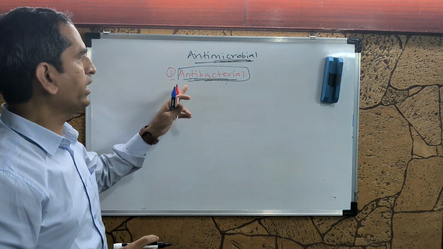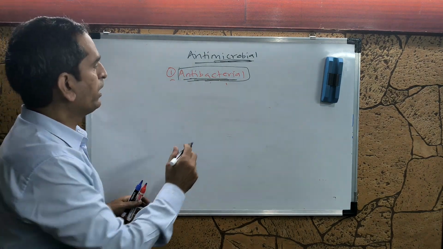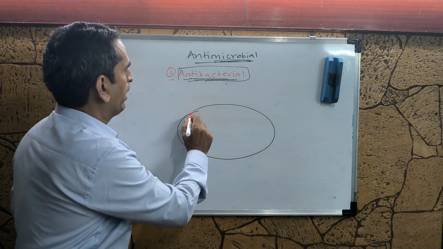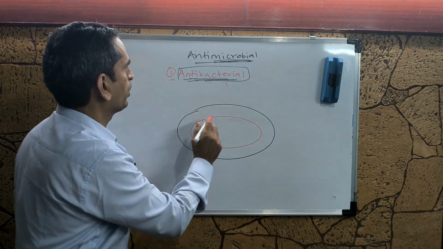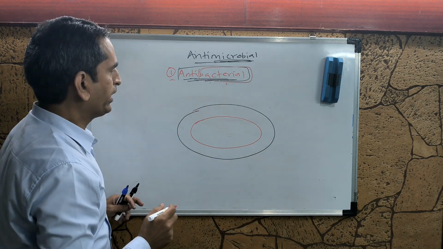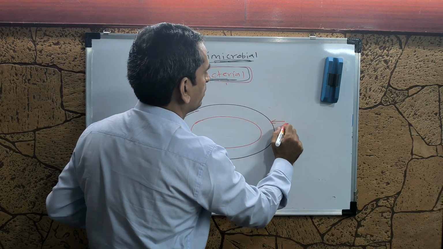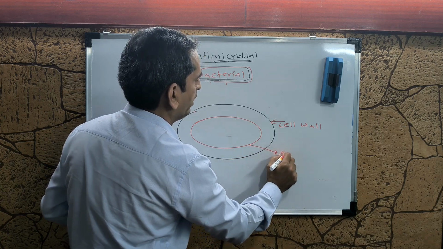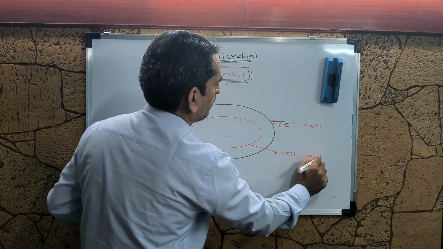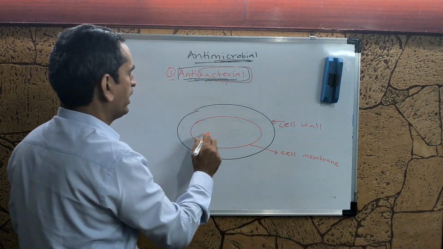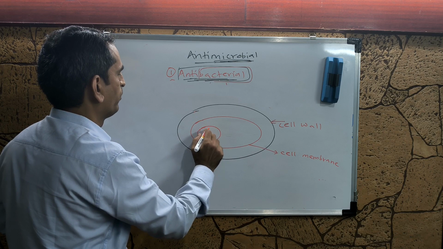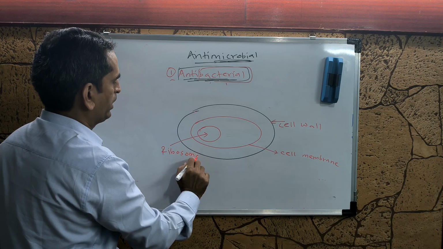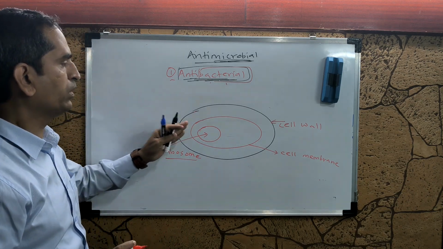Now let us discuss the mechanisms of antibacterial drugs. In order to understand the mechanisms of antibacterial drugs, we have to understand the structure of a microorganism. The bacteria, because we are talking about bacterial infections, has a cell wall and a cell membrane. Inside there is a ribosome, and in this ribosome the synthesis of protein happens.